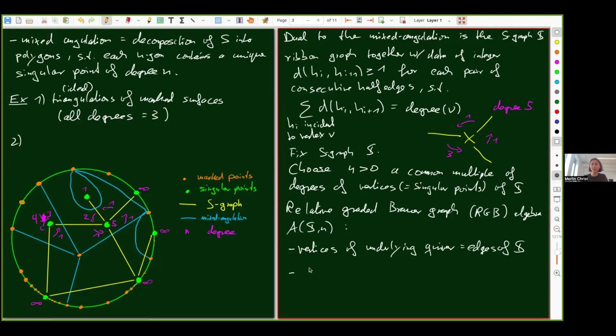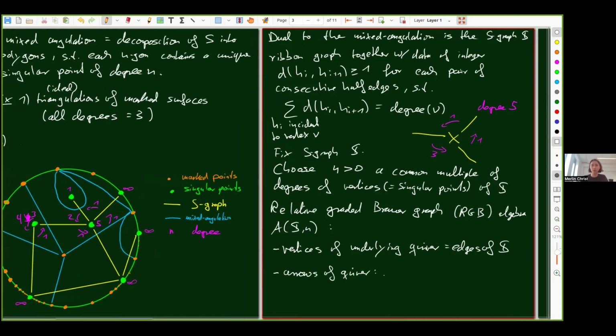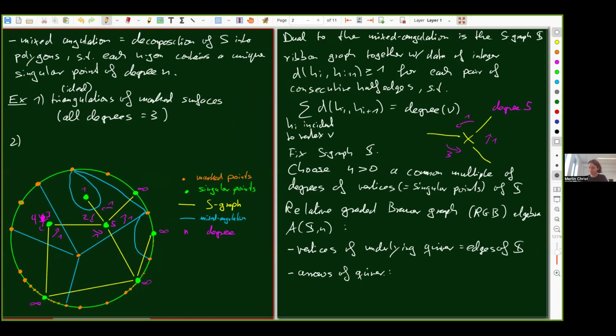Then next, we want to know the arrows of the quiver. There are two types of arrows. First of all, if you have an interior vertex, then this would be your S graph, in yellow.